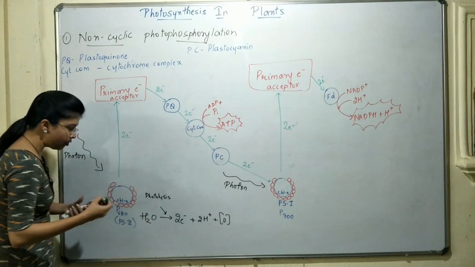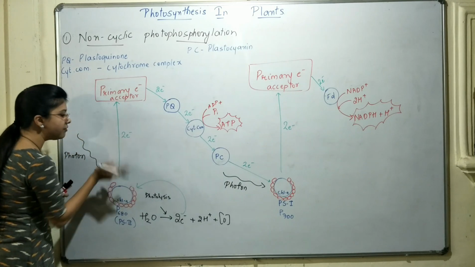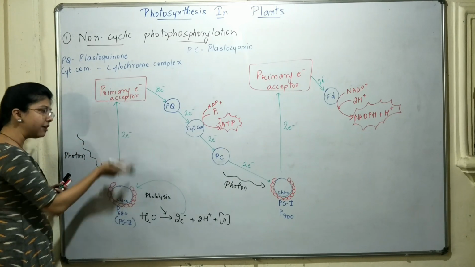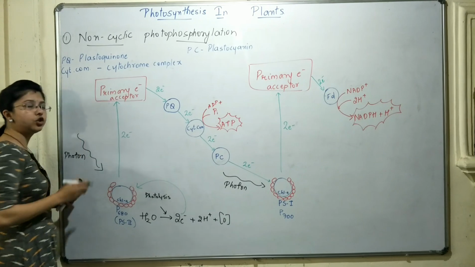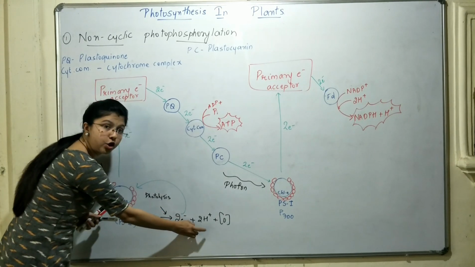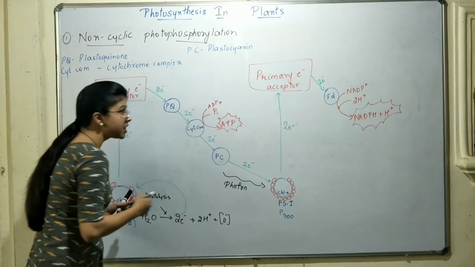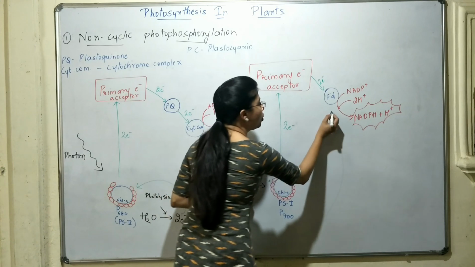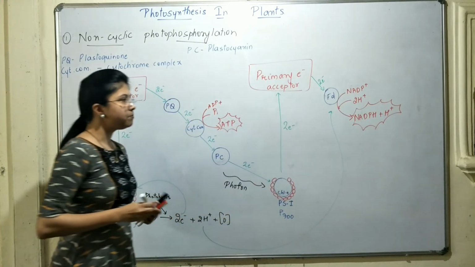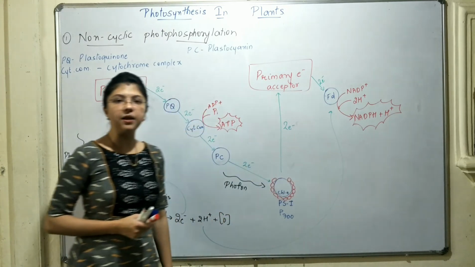This one pair of electrons that is formed here will be replacing every electron pair that is transferred to the primary electron acceptor. And these 2H plus, which are formed as a result of splitting of water molecules, will be going to this NADP, where they will reduce the NADP to form NADPH.